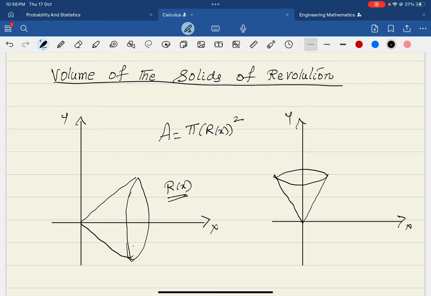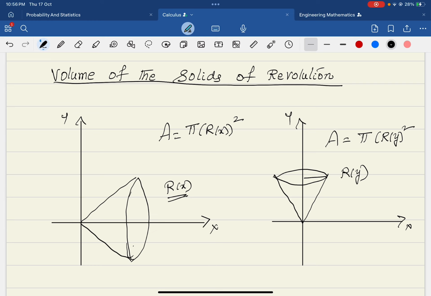Again a solid, a volume, has been generated by the revolution, and this is the cross section of the solid perpendicular to the y-axis of revolution. This is the disk of radius r of y, so the area of the disk is pi times r of y the whole square.